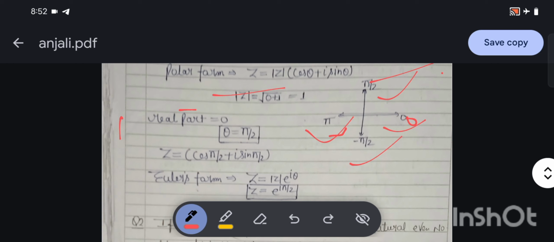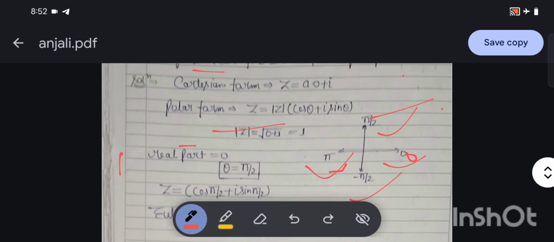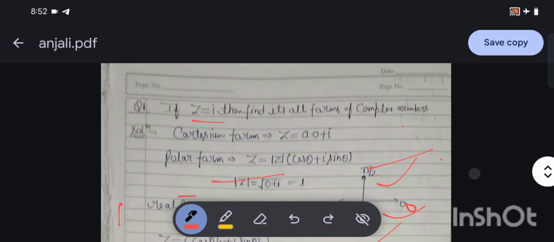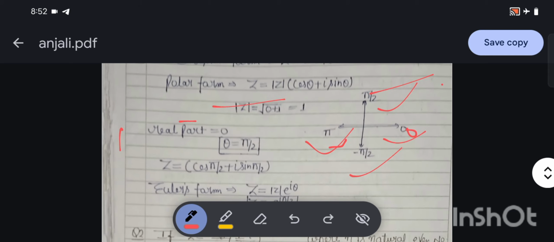In the positive real axis, theta is always 0 and in the negative axis pi. And we have been given a positive imaginary axis here. z is equal to i, and in this case theta is always pi by 2.